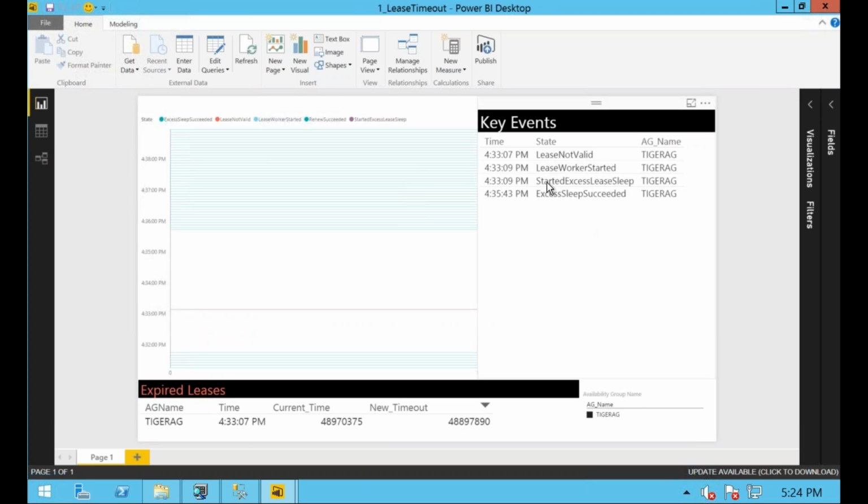The lease was not valid at that time. Post that, when I stopped the debugger and I allowed the SQL Server process to continue, the lease worker started and it continued without any issues. So from a period of 4:32, you would have seen everything goes wrong, and at 4:35 when everything was back online, I again start seeing the green lines.